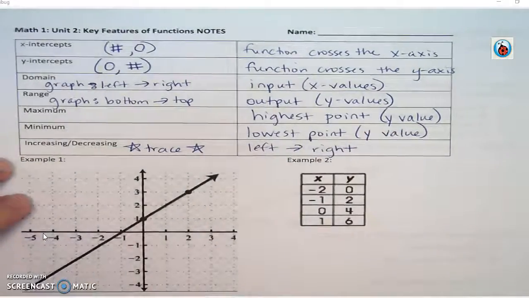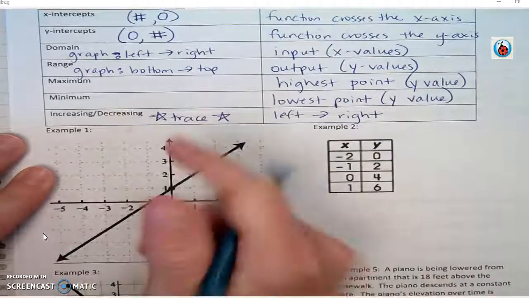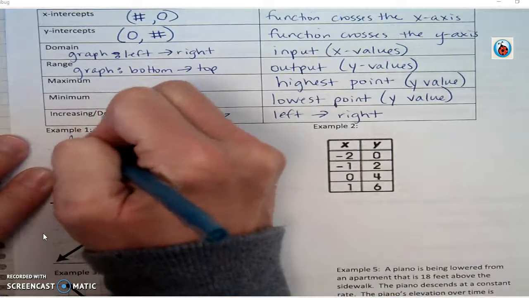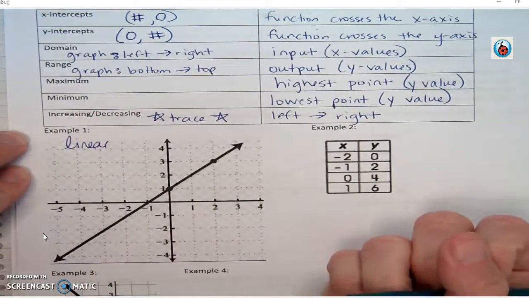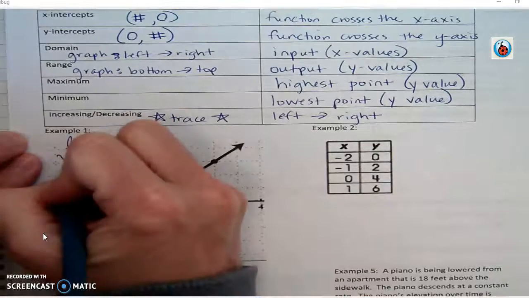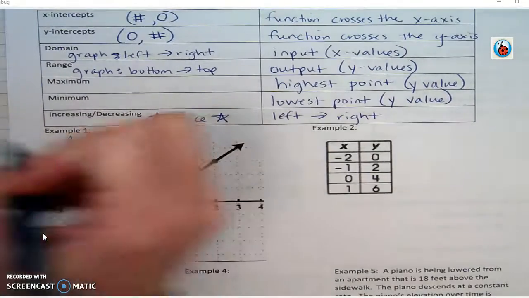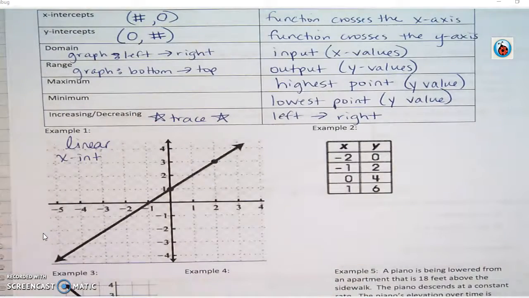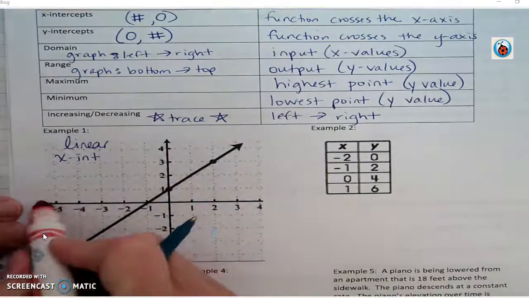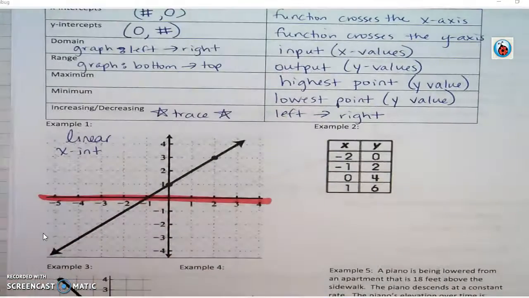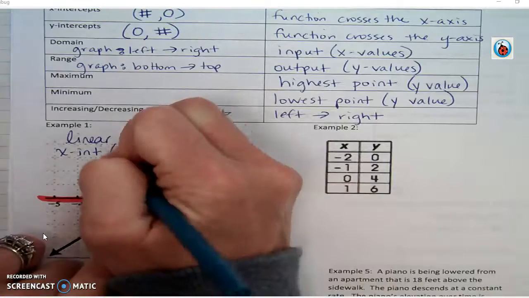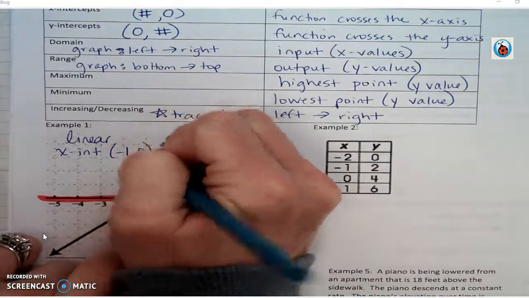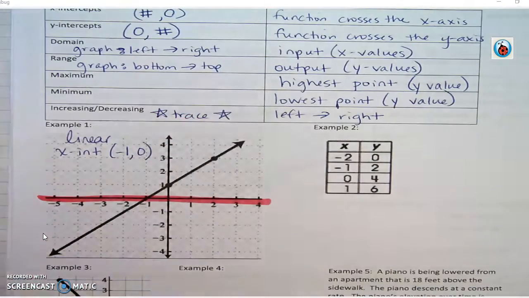All right, so let's look at this first example. This is linear because it makes a line. And let's talk about all the things we know about it. We know that the x-intercept is where it crosses the x-axis. So here's the x-axis. It crosses the x-axis at -1, and that's an x value, so it goes in the front, and then you put a 0 for the y value.